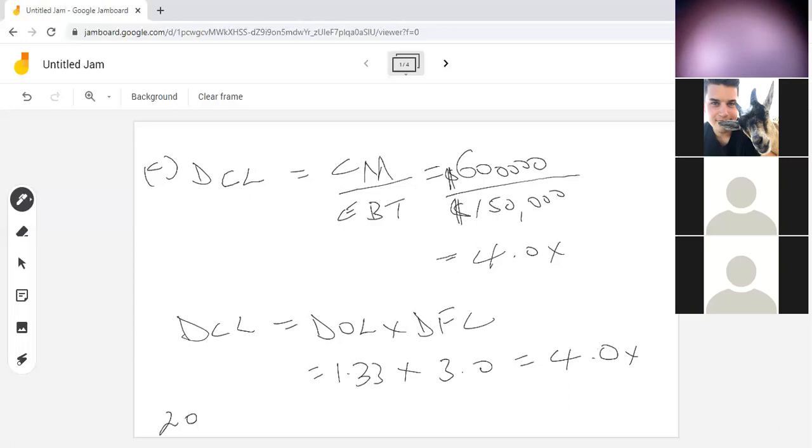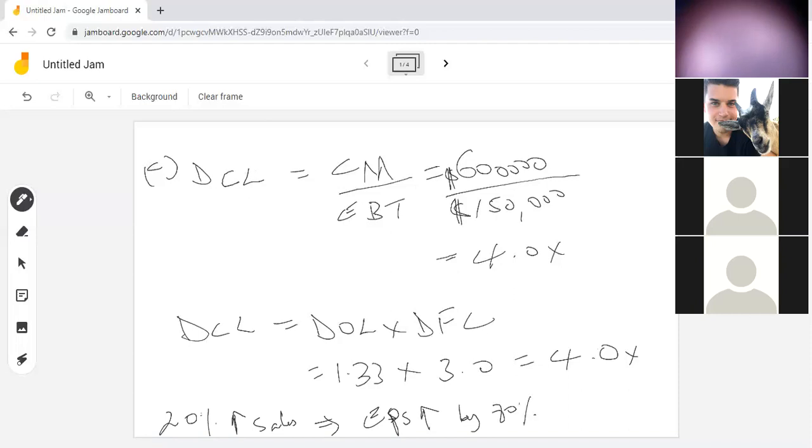A 20% increase in sales will result in earnings per share increasing by 80%.